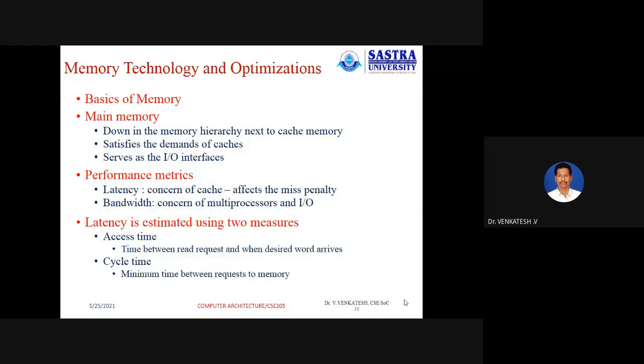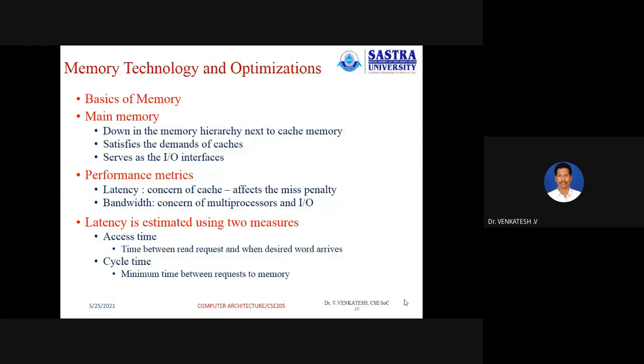In that, in what way the cache will be useful, and if the data is not available in the cache, where we have to get it from memory. We also discussed the memory server, and for personal mobile devices, flash as the end storage device.